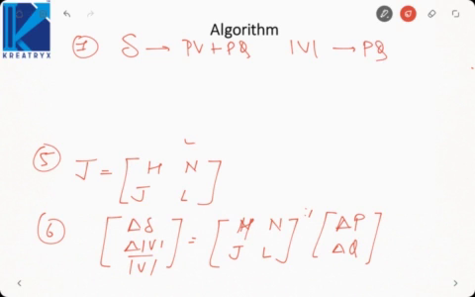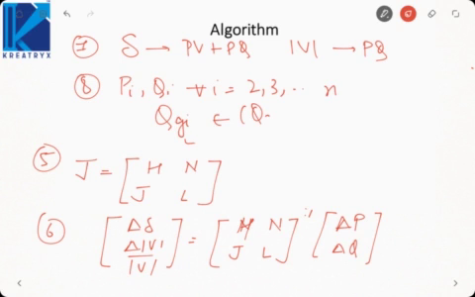Okay, then we again calculate Pi and Qi for all i 2, 3 up to n, and we check if generator Qi lies between Qgi min and Qgi max. If it does not lie within this limit, we will convert a PV bus to a PQ bus and then again repeat the initial steps.